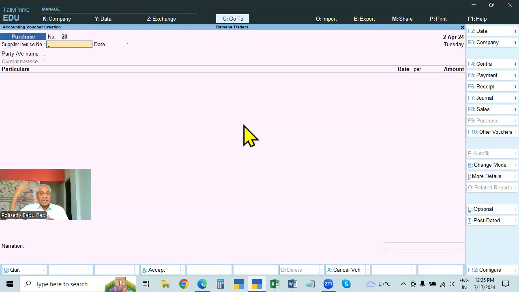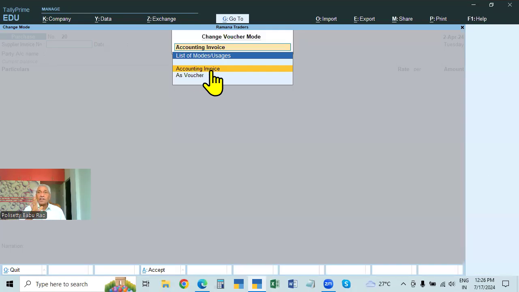In the double entry, we can record if we don't know the details of the goods, but in the next steps afterwards it will be a problem. That is why in the case of purchase and sales we use only the accounting invoice.